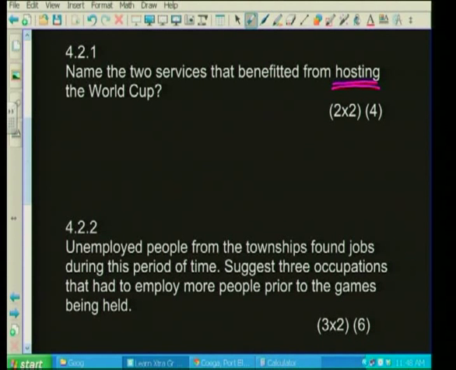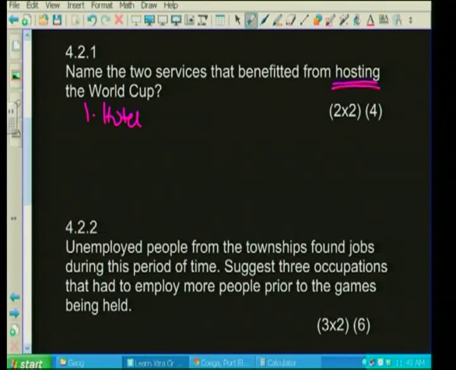The fact that we were chosen to host the World Cup had many positive spin-offs and benefits for South Africa, right? What are 2 services or 2 parts of the economy you think are the most beneficial from this whole process? Think of where did people stay and how did they get around, right? That is the most common or the most logical thing to think about. And for 4 marks here, we can talk about 4.2.1, saying the hotel industry or the accommodation.